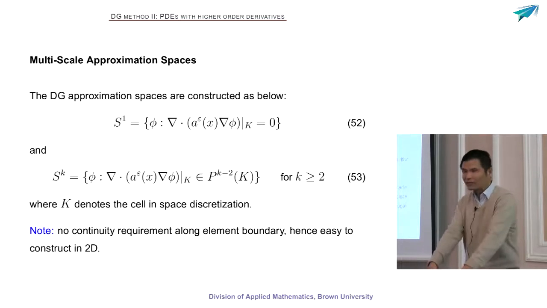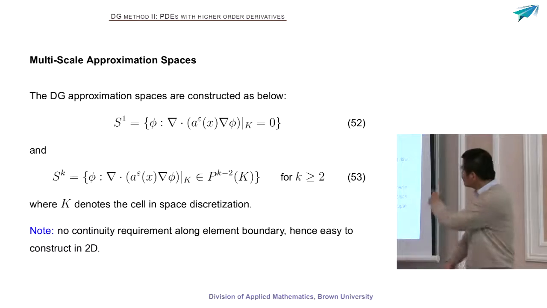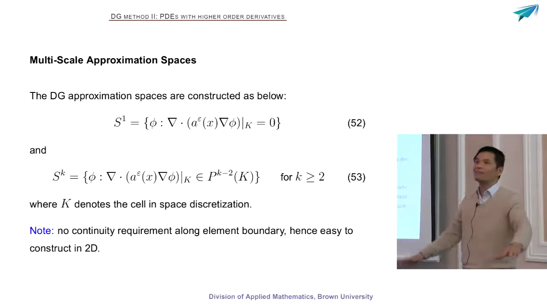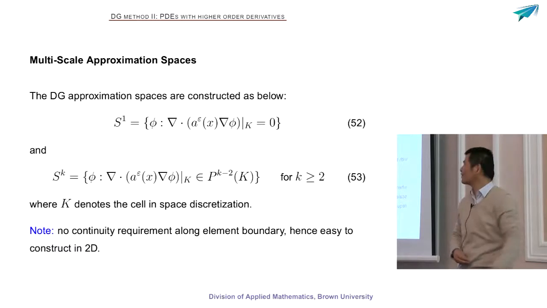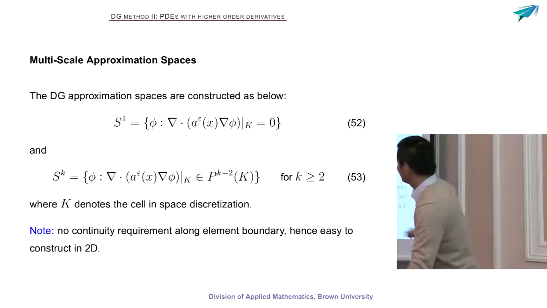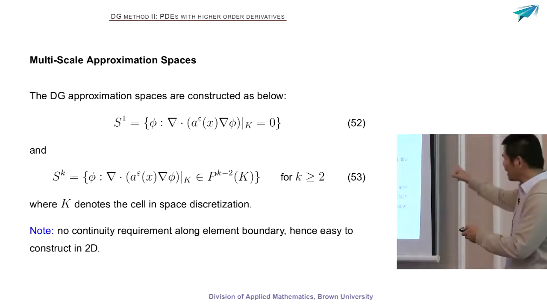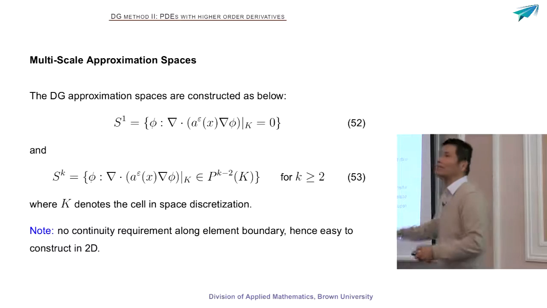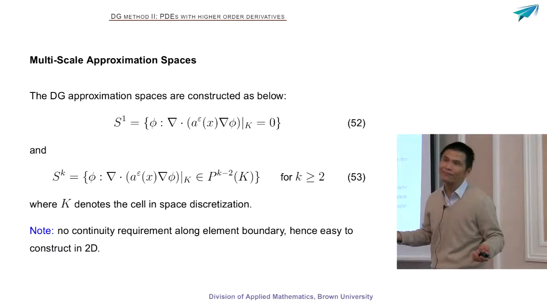The structure of the soil underneath, or rock or whatever, has very different a epsilon of x. It could be very different over the place. But the right-hand side is 0, or is some given function f which is very smooth, like gravity, for example. So f can be approximated by polynomials very well.